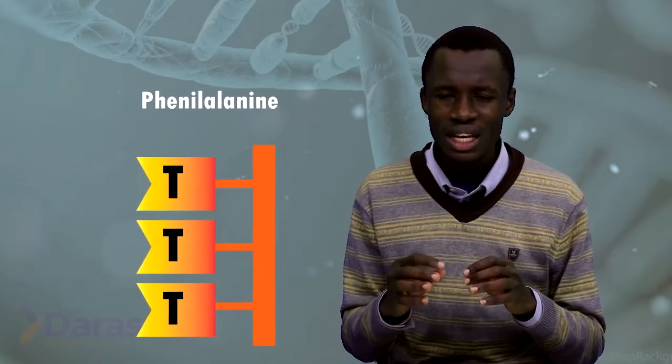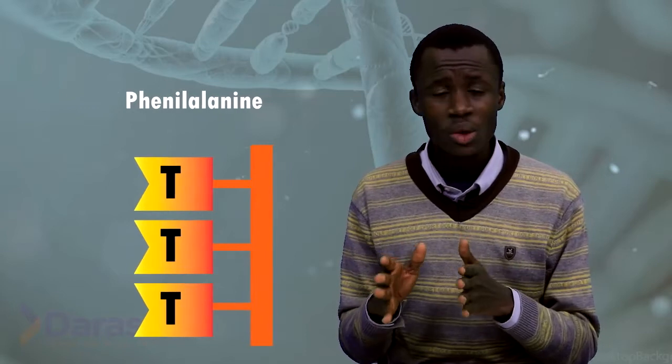And the specific amino acid linked to that codon is phenylalanine, okay? So phenylalanine will only be attached to this particular codon TTT. Lysine will only be linked to this particular codon called AAA.